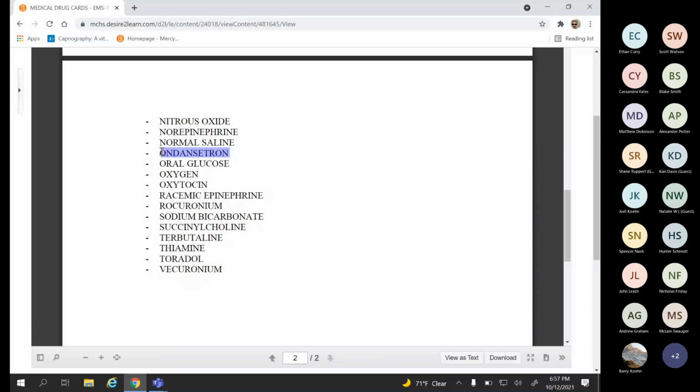Sodium bicarb, you can actually see it used in cardiac arrest. If it's a prolonged arrest, we would give bicarb to reduce the amount of carbon dioxide. Actually, it's kind of hard to explain without getting into pathophys.